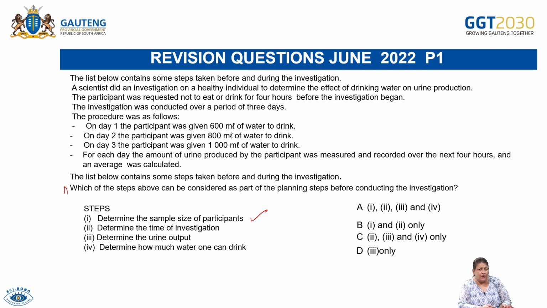Must I do it for 1 hour? Must I do it for 2 hours? So you're going to determine the time and the date and the duration of the investigation. That is what you must plan. Which day am I going to do it? Can I do it on a Friday when people are very busy? I better do it on a Wednesday. Maybe they are more relaxed. It's midweek.